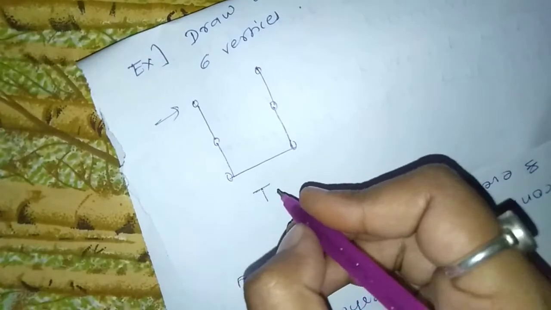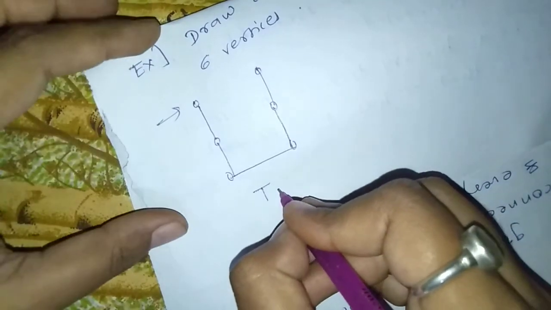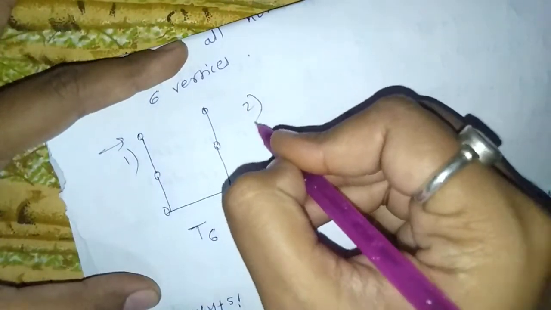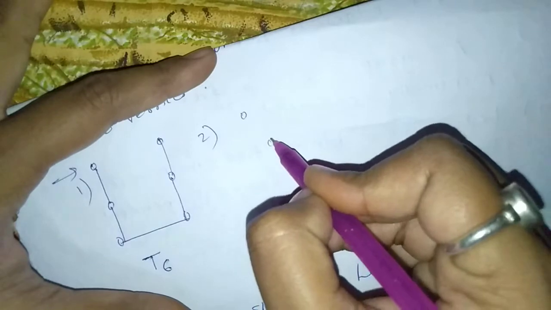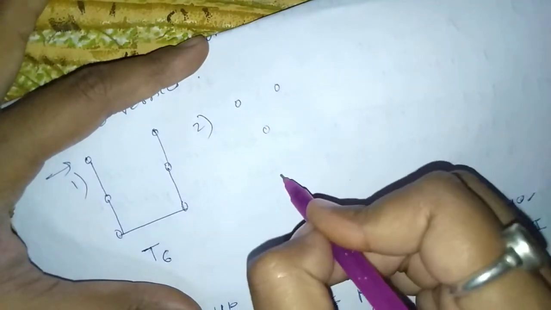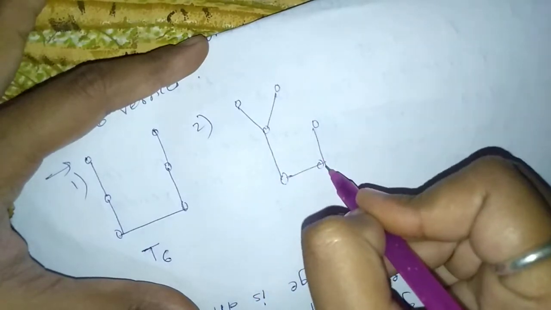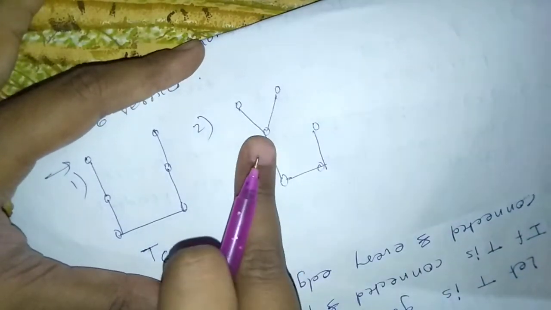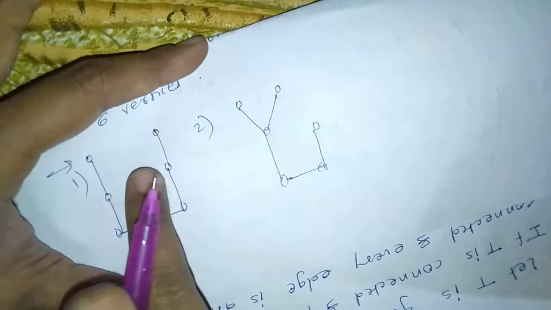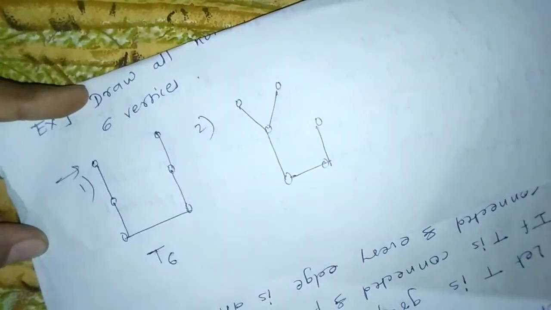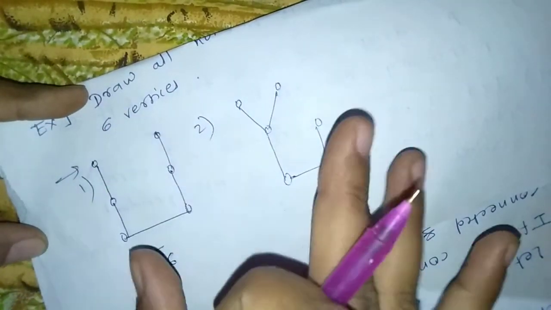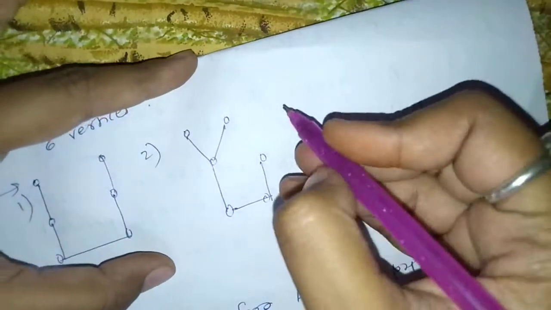We consider for T6, this is one graph. Also 1, 2, 3, 4, 5, 6. This is non-isomorphic because this vertex has degree 3 and this graph does not contain any vertex which has degree 3. So these two are non-isomorphic.